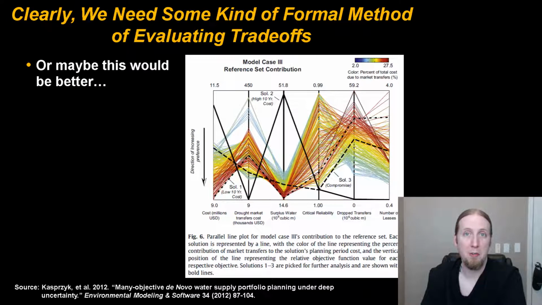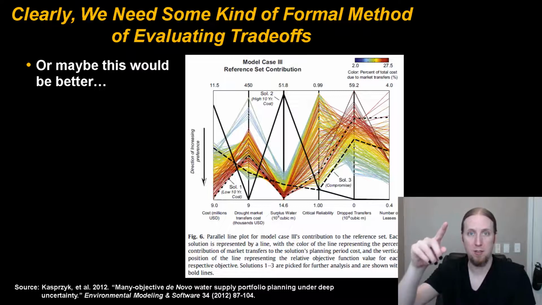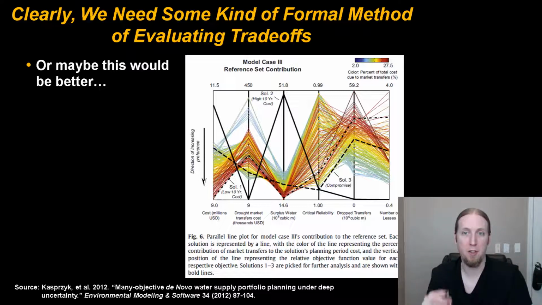Or here we might have what's called a spaghetti plot, where each column represents the range of outcome values for a particular criterion, and the string that's connecting one point to another, going from column to column, represents a single potential solution or strategy or project. Clearly this is pretty complicated, but it's not that uncommon to have a system where you've got 5 or 6 or more different indicators summarizing the system performance.